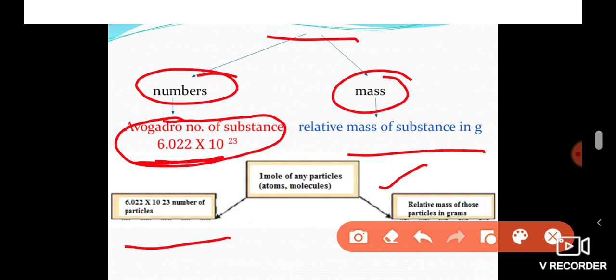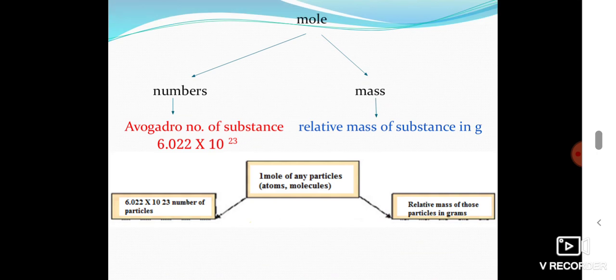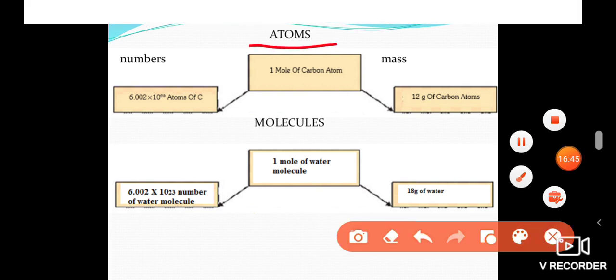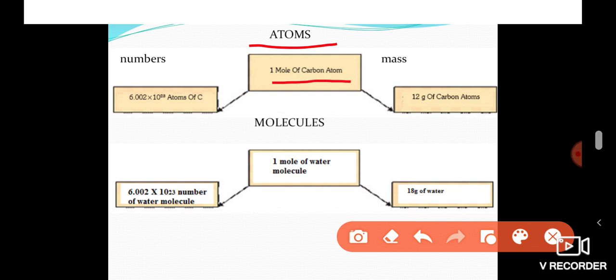Let me see the example. Atoms. In the first case, we use atoms. So we relate number and mass in moles. Here we take the carbon atom. 1 mole of carbon atoms is equal to how many atoms? 1 mole of carbon is equal to 6.022 into 10 power 23 atoms of carbon.